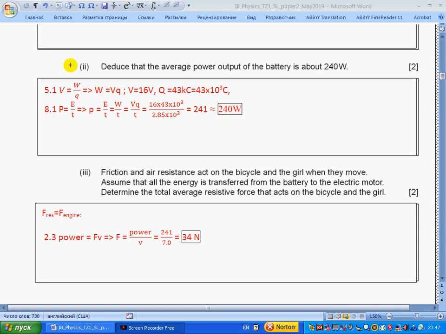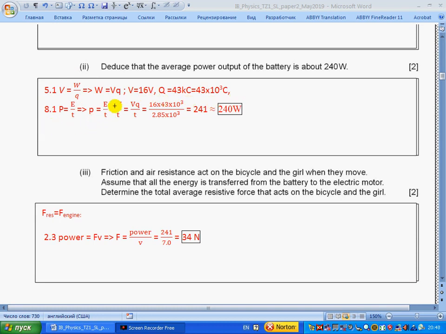Deduce that the average power output of the battery is about 240 watts. So section 5.1 of the booklet gives us voltage equals work over charge, or work equals voltage times charge. Voltage is 16 volt, and charge we change into coulomb. On the other hand, section 8.1: power equals energy over time.